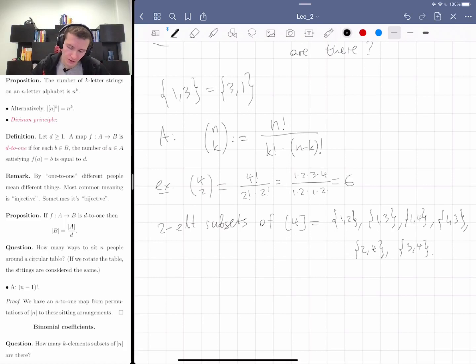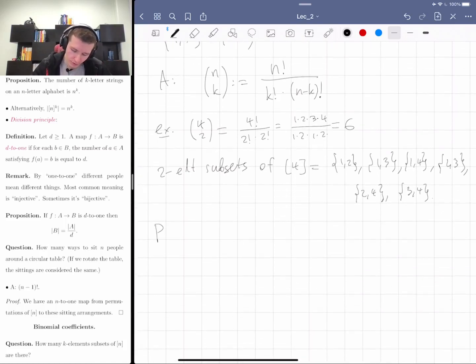All right, so proof. I have to prove it. I cannot just state this formula. So how do I prove it using the amazing principles I just explained?